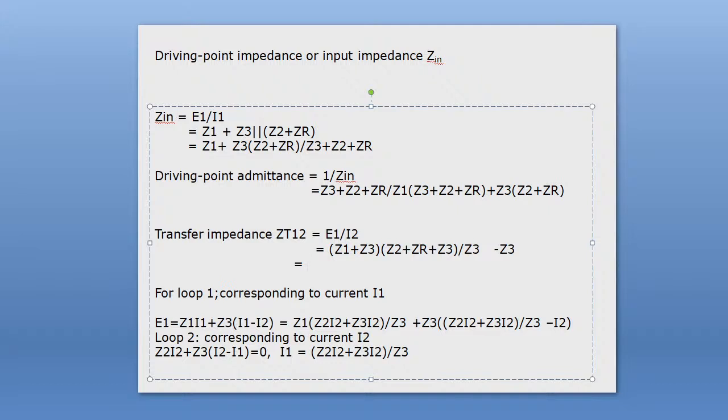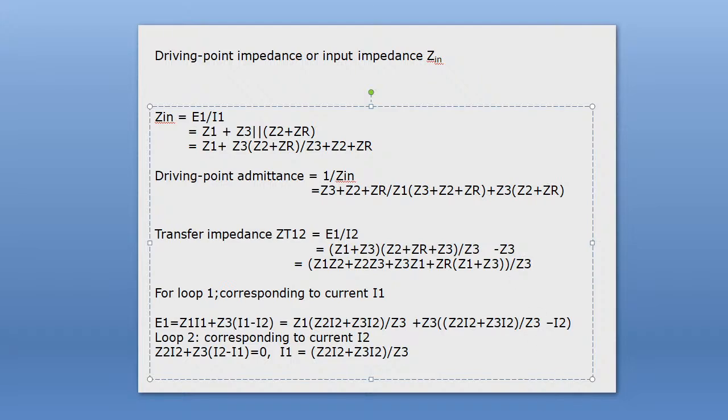You will get the expression of transfer impedance: Z1 Z2 plus Z2 Z3 plus Z3 Z1 plus ZR into Z1 plus Z3, this whole thing divided by Z3.